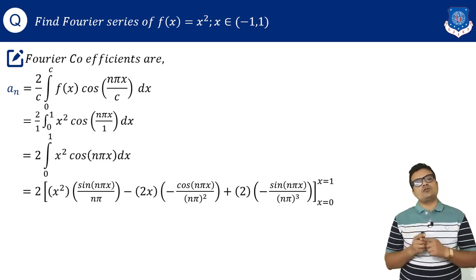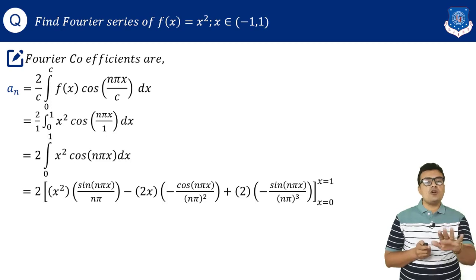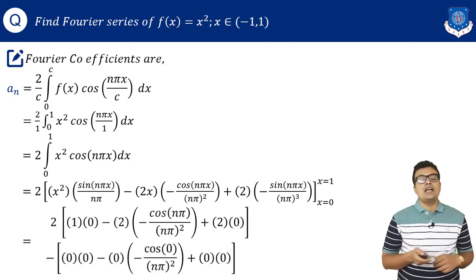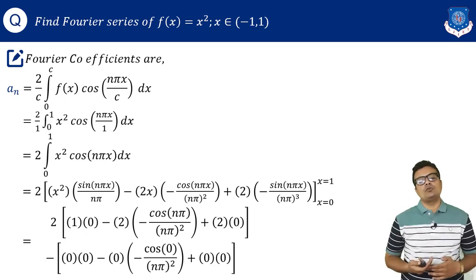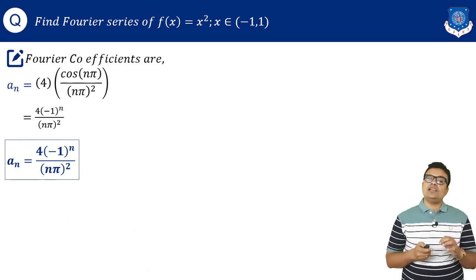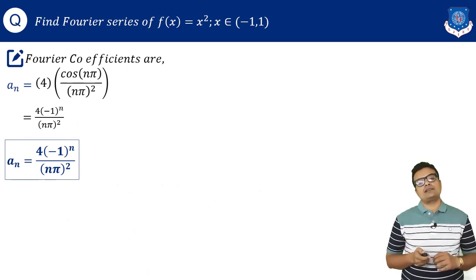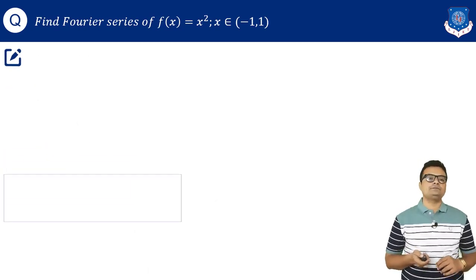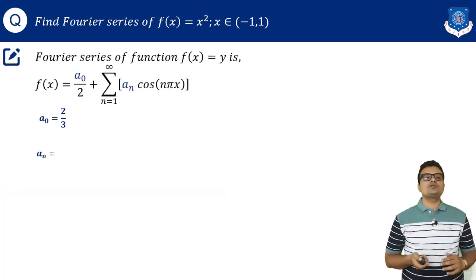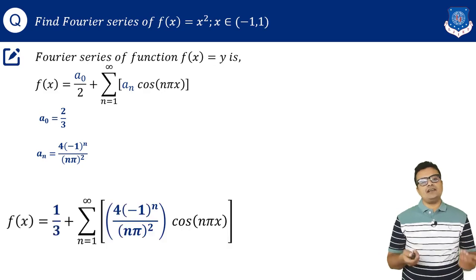This is the process which we are going to follow throughout this calculation, and stop wherever your first bracket contains a constant value. And then take all these inputs 0, 1. So ultimately it will give you the answer of an as 4 upon n square pi square, minus 1 raised to n.